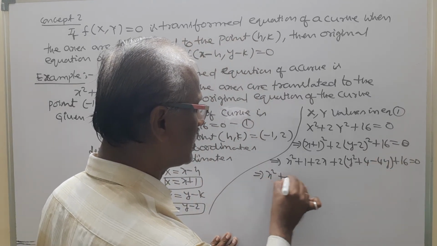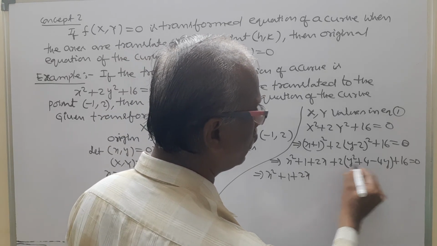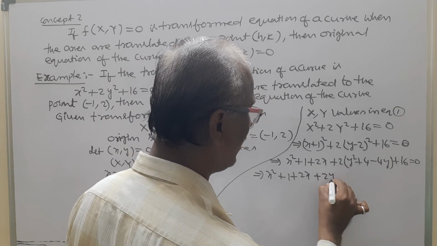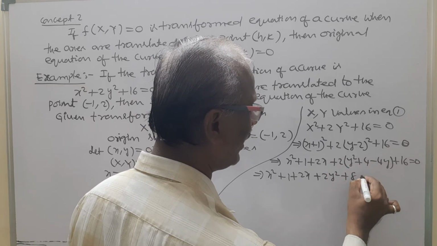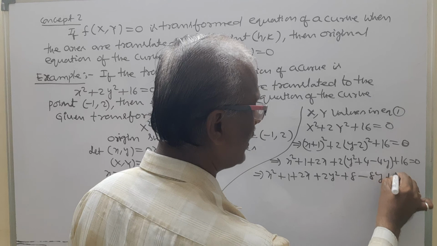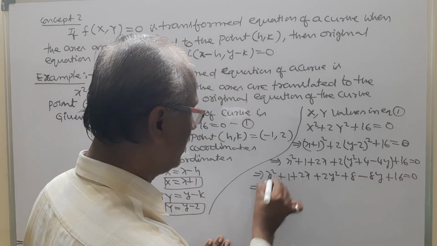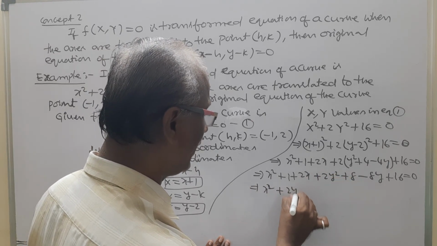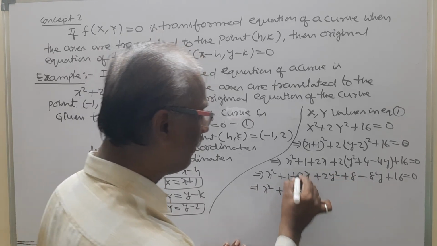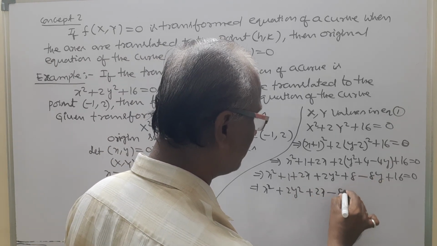X square plus 1 plus 2x. Here multiply the entire term with 2: 2y square, 2 4s 8, 2 into 4y, 8y, plus 16 is equal to 0. First, x square plus 2y square plus 2x minus 8y.